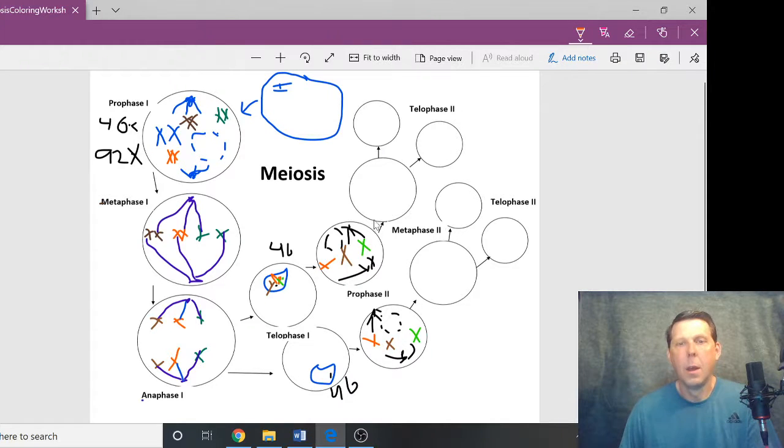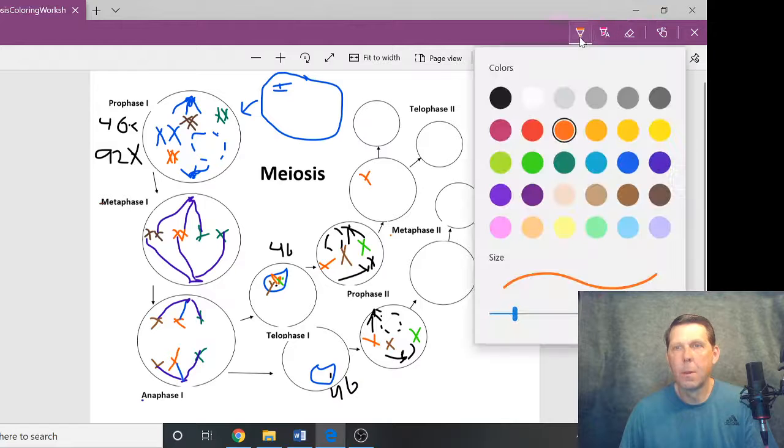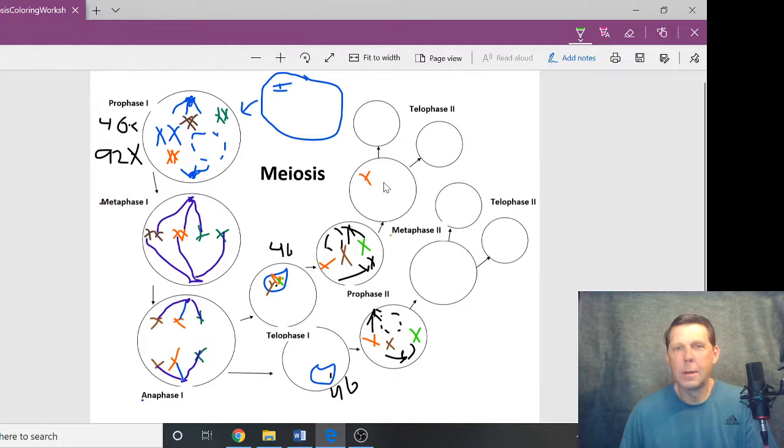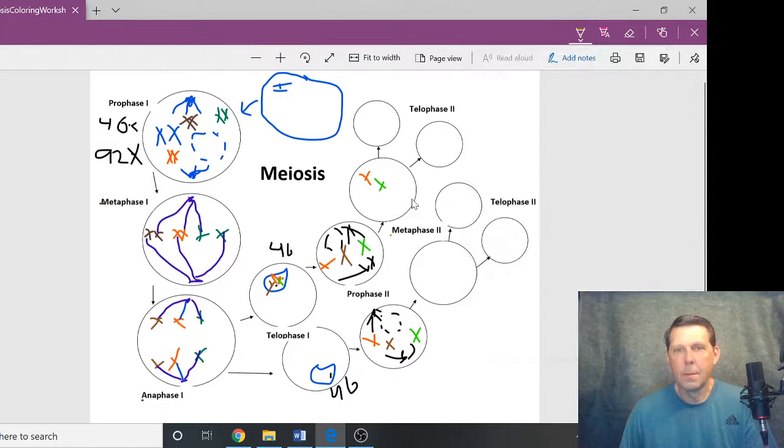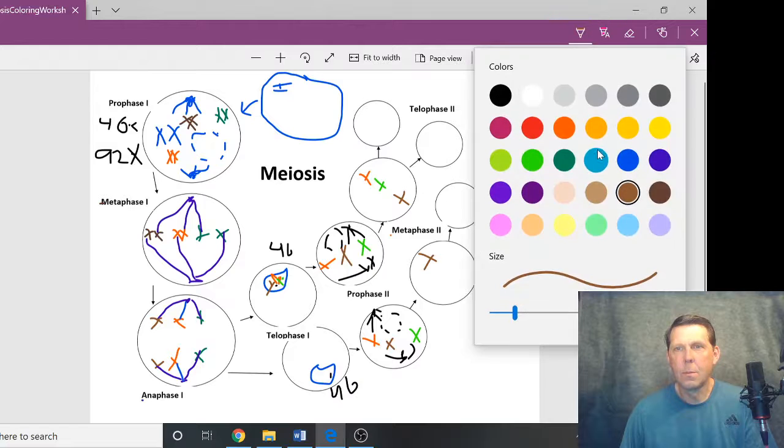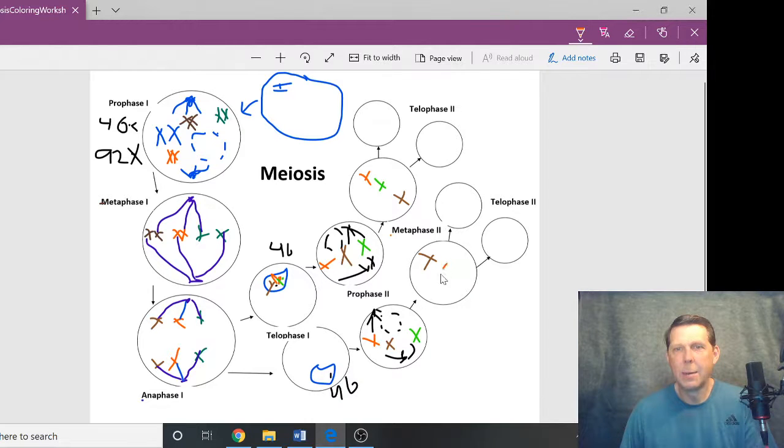Okay. All right, metaphase II. Thinking of that M. Where should we draw these? They should be drawn in the middle. There's our orange guy. Green guy. Brown guy. Orange guy.